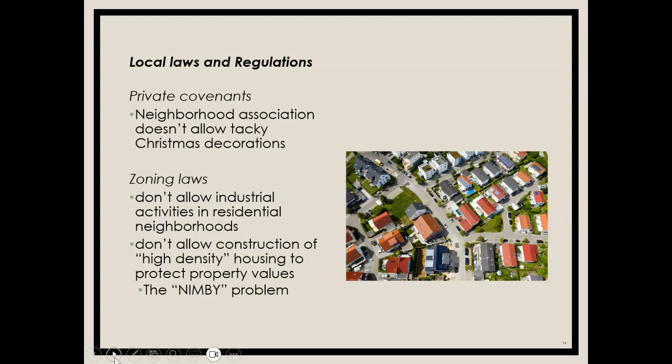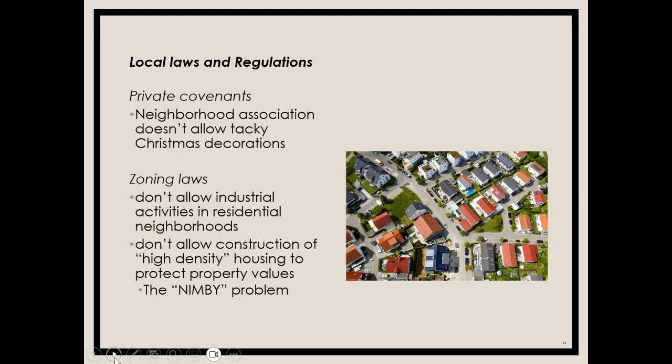You can also have zoning laws. These are laws that are passed by city governments that, for example, don't allow industrial activities in residential neighborhoods, so people don't have to deal with a factory right next door. Sometimes however, they don't allow things like construction of high density housing to protect property values of people who are already in a neighborhood.